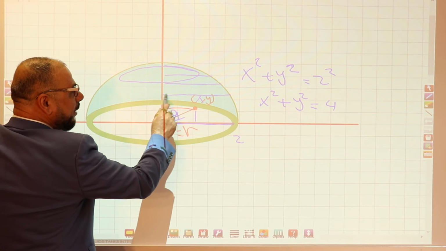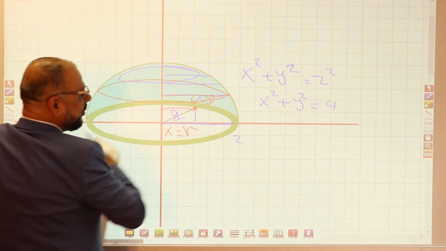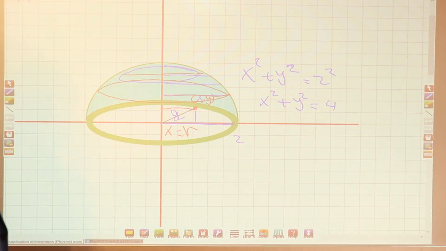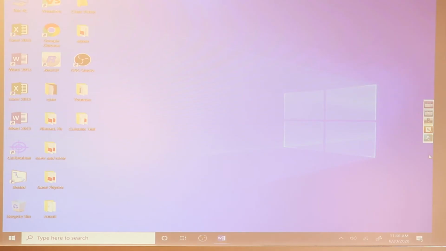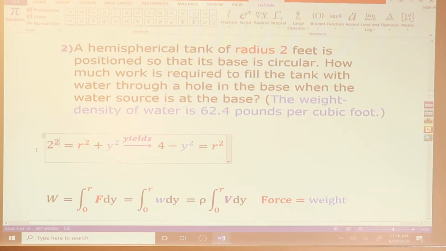But when you go up, it gets smaller. When you go here, smaller. Then that's the equation I need. Okay, we're done with this. Let us go to this one. Then you understand what I mean by this.